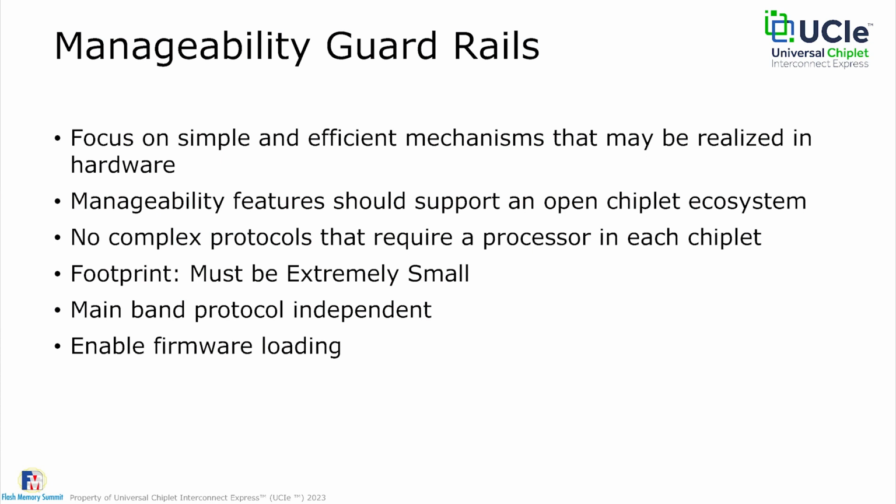So the manageability software and having a common framework for manageability is going to be extremely important. All right, so again, there's a big list of services we have to provide through the manageability stack. However, we have to focus on simple and efficient mechanisms. It cannot be too onerous, or it just falls flat on itself.